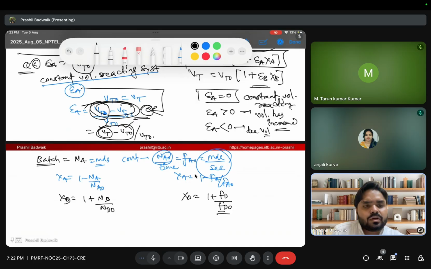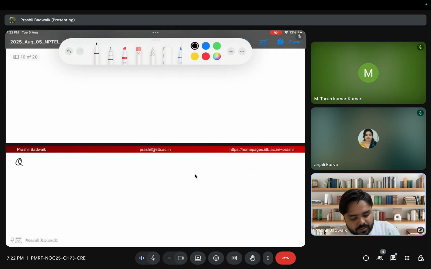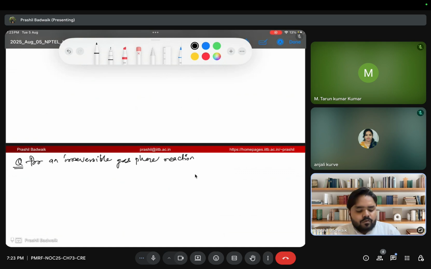The question: for an irreversible gas phase reaction, that means the direction is only towards the product.